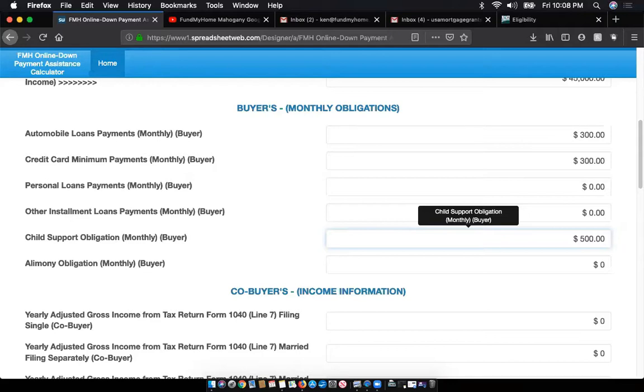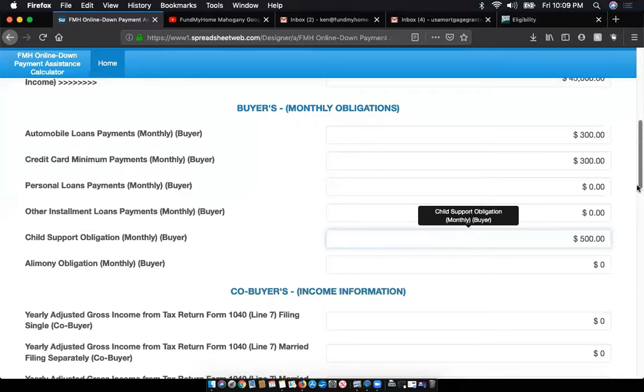So let's just say that for child support, they're receiving $500. But when someone is relying on child support, they have to provide their divorce decree to determine how long it's going to last, because usually the banks want it to last at least 3 years.